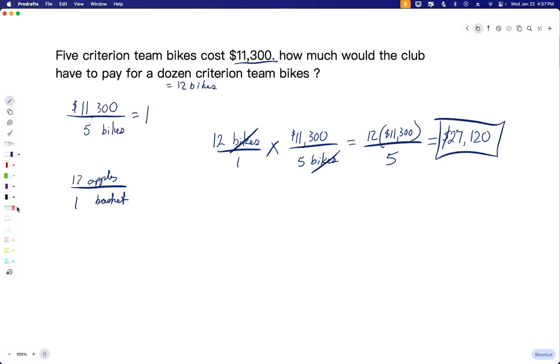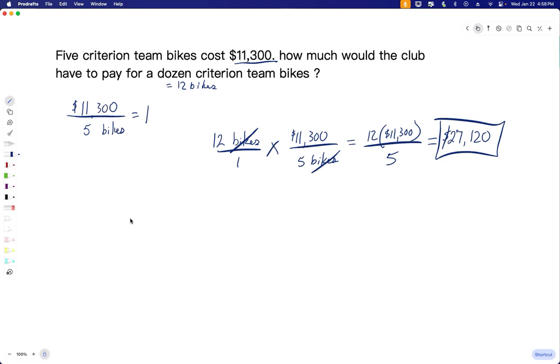Does that make sense? It's just written in a different format. You could also write it as an equal statement where you would say 12 apples equals 1 basket. If they're equal, then when you put equal values on top of each other in a fraction, you get the value of 1. So we're not changing the value at all. We're just applying a rate for that value to figure out how one compares to another.